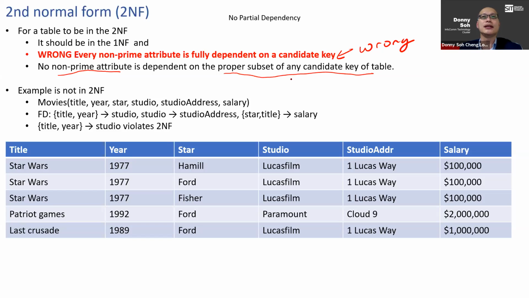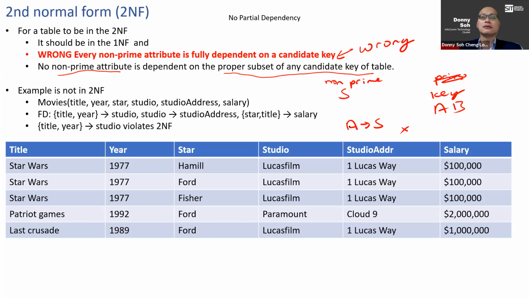Let's say I have a non-prime S, and my key is A, B. I cannot have A imply S. So this is wrong.